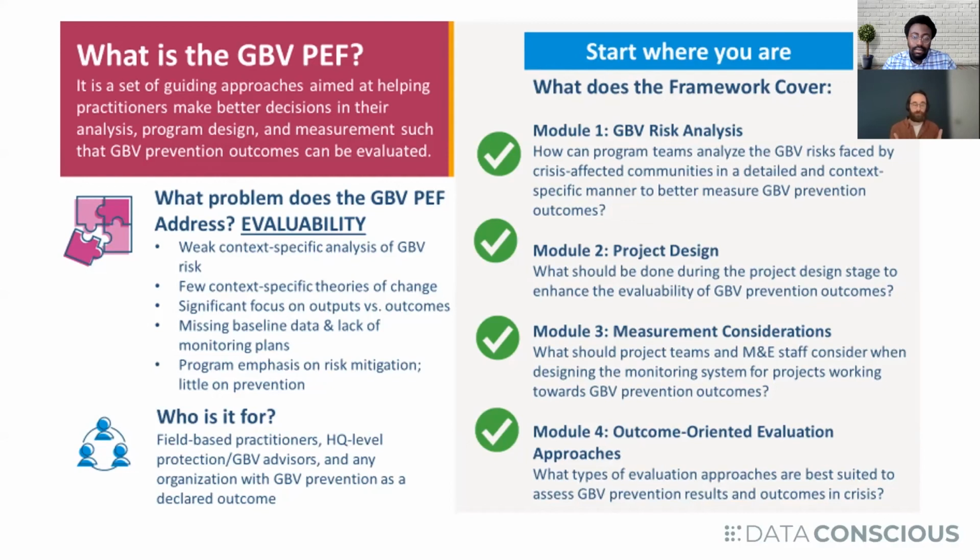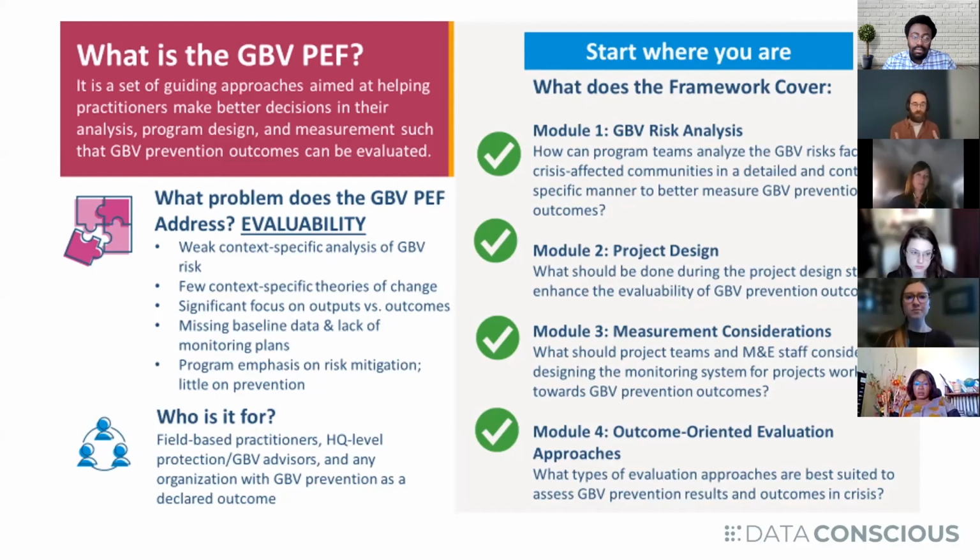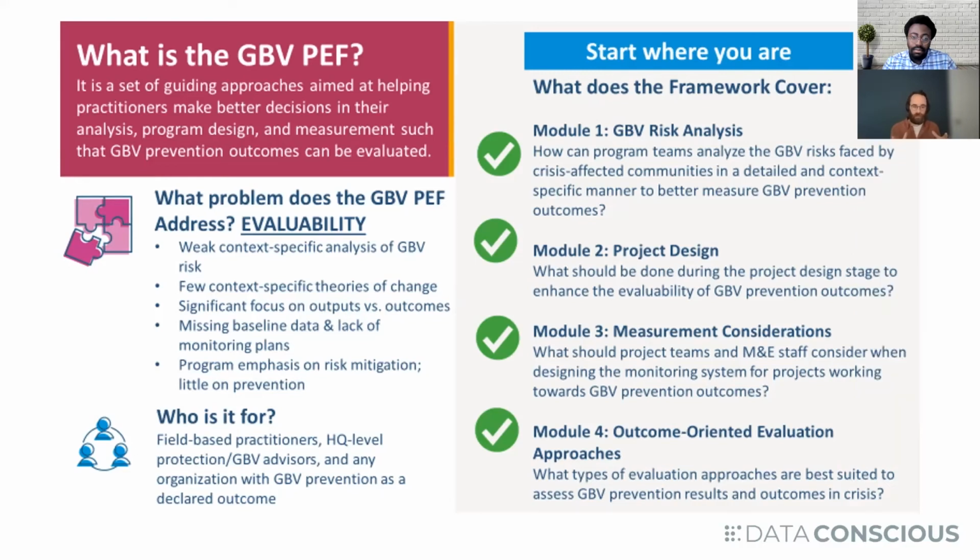And Interaction hopes that framework can be used by field-based practitioners, headquarters staff in protection teams, GBV advisors, and then really for any organization that has GBV prevention as a declared outcome. To be clear, there are different modules in that framework.